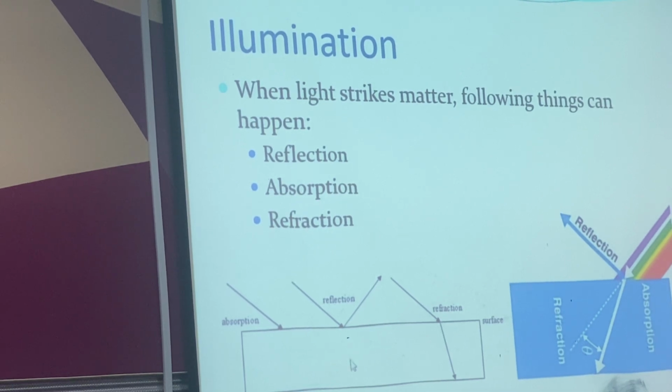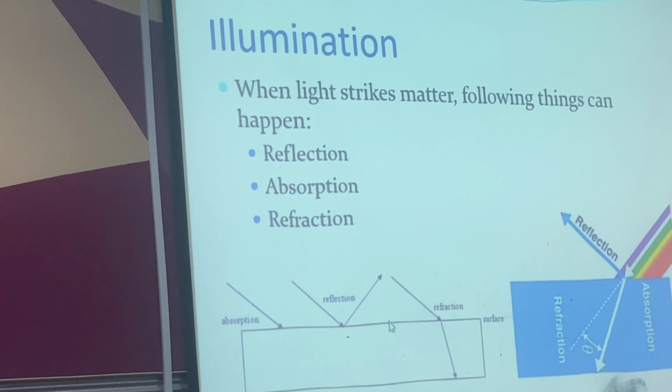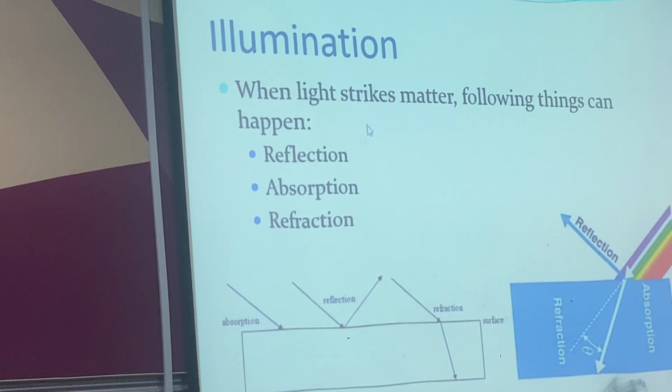Or full reflection: it totally reflects, and you will see a very bright, shining object. Or partial: part of it will be absorbed and some of it will be reflected. So 3 things happen when light strikes an object: absorption, reflection, and partial reflection.